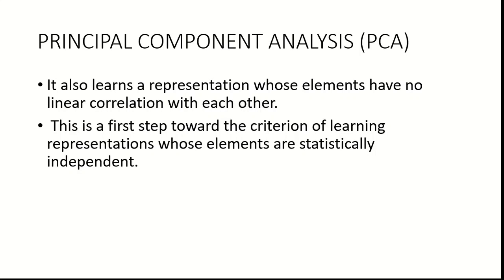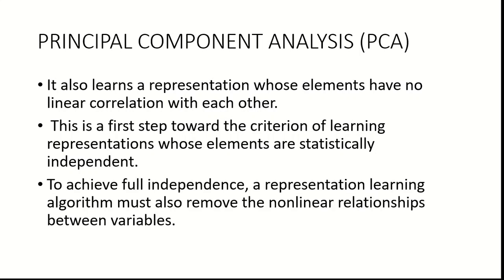This is a first step towards the criterion of learning a representation whose elements are statistically independent. To achieve full independence, a representation learning algorithm must also remove the nonlinear relationships between the variables. Variables, in the sense, the columns. We talk about the columns.